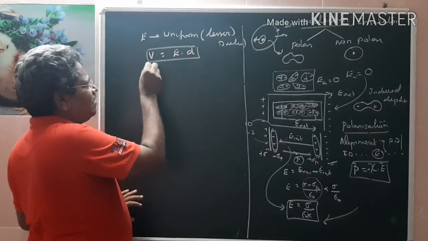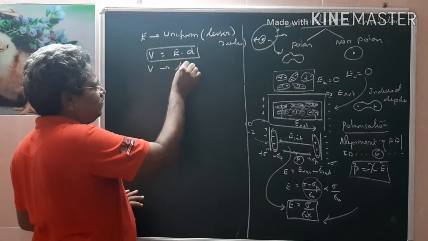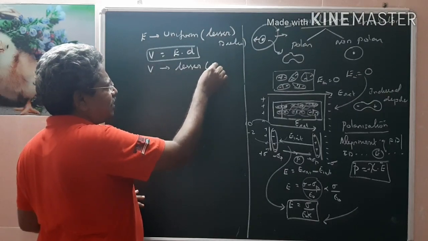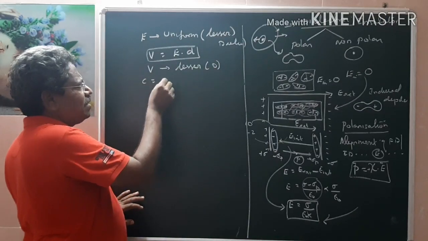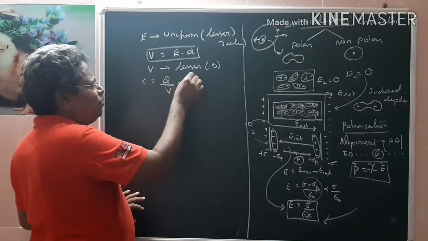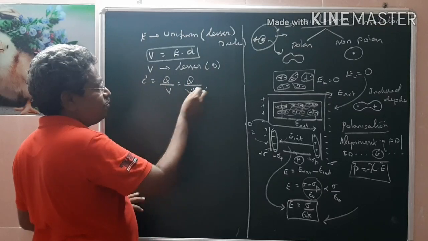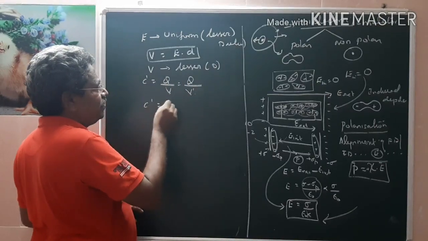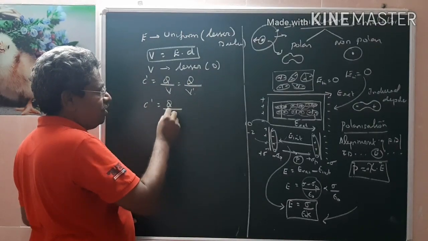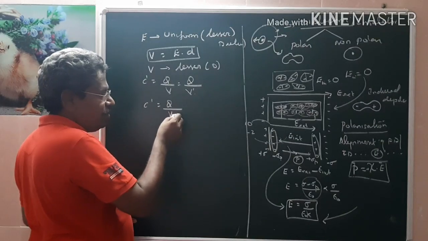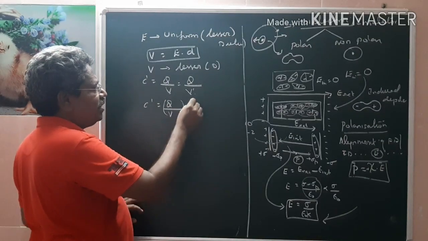When E is lesser, V is also lesser in the dielectric. Since V is lesser, capacitance C is equal to Q by V. Q may be the same, but V dash is lesser, so C dash is greater. Therefore, C dash will be Q by V dash, where V dash equals V by K. This may be expressed as K times C.